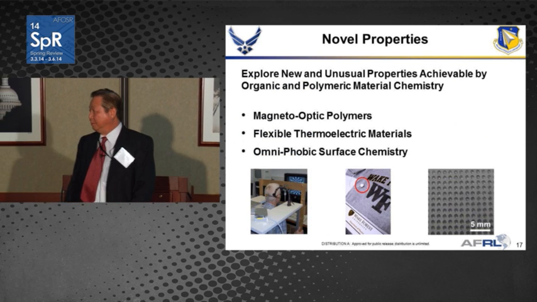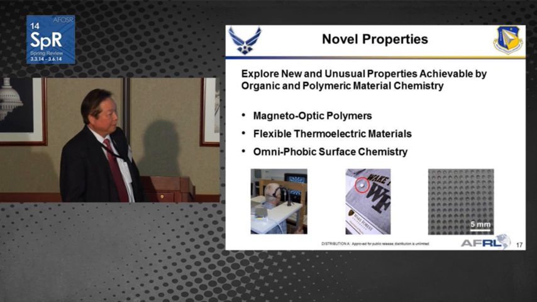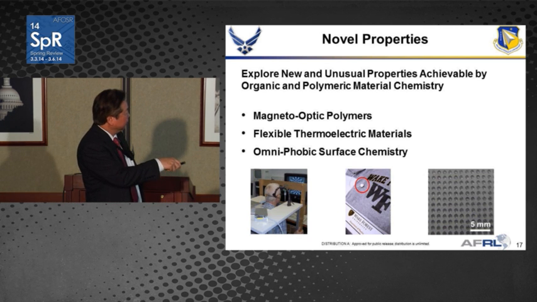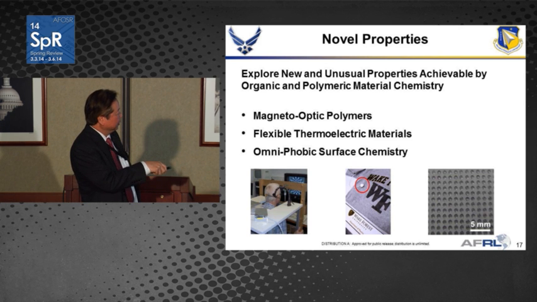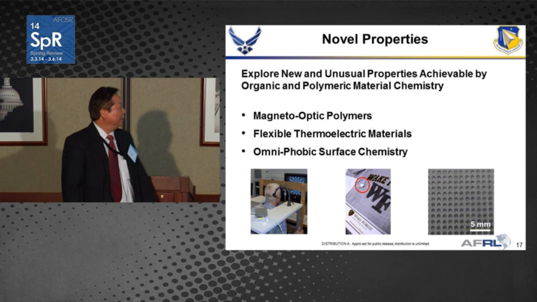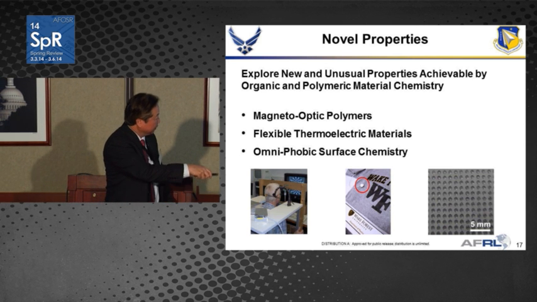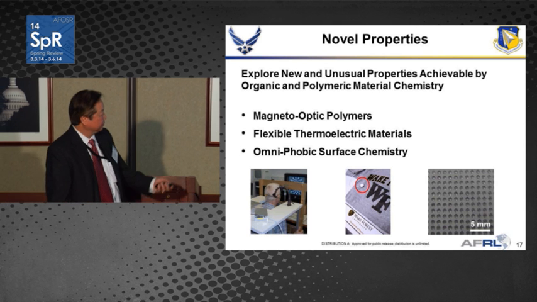Then I'll talk about the novel properties. There are many properties in this area, but I'll just talk about three. One is magneto-optic polymers. The other one is flexible thermoelectric, and the omniphobic surfaces. So these are three pictures that illustrate these three different areas.